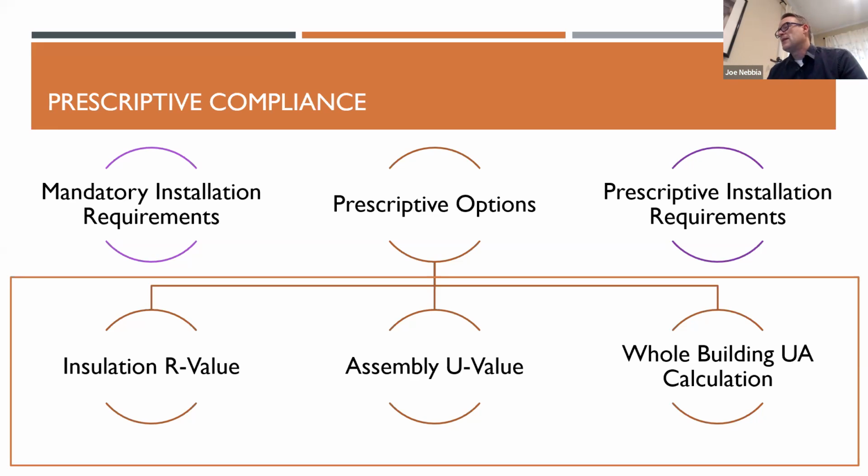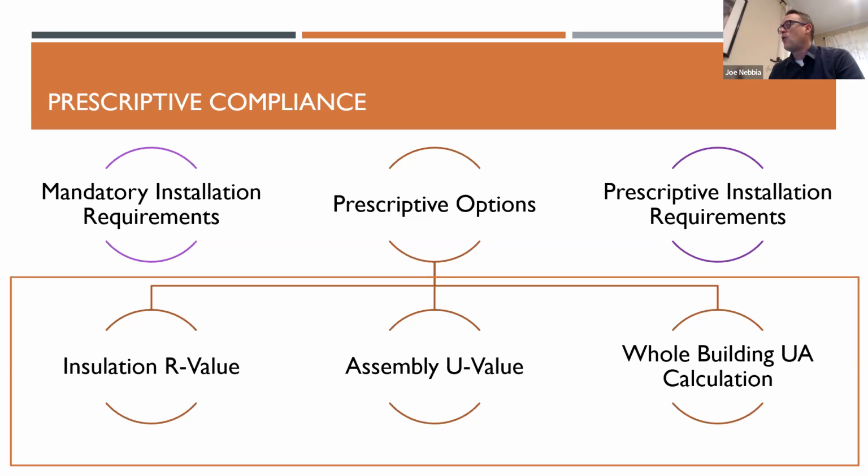You might use the assembly U value if you have an insulation that doesn't meet that R value, but does meet the U factor or U value because of how it's installed. So maybe you've got an R value in a SIP panel, structurally insulated panel, that doesn't meet the code requirement, but because it's continuous, the U value does meet the code requirement. So that's an option for compliance.